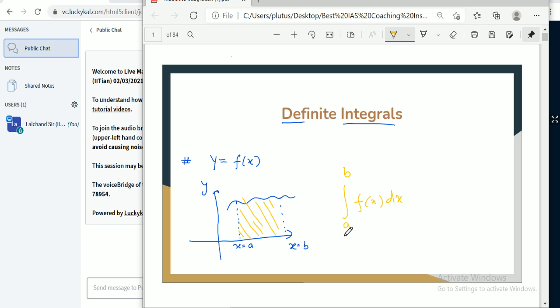We put the lower limit a, that is the starting limit, and the upper limit b, that is the final limit. That is equal to the area under the curve, the area bounded by that curve starting from x equal to a, finishing at x equal to b. This is the physical meaning of definite integral. We need to find the area under that particular curve. Is there any doubt about this?